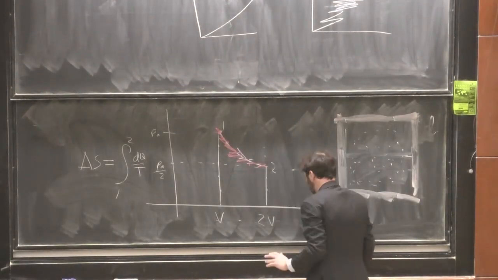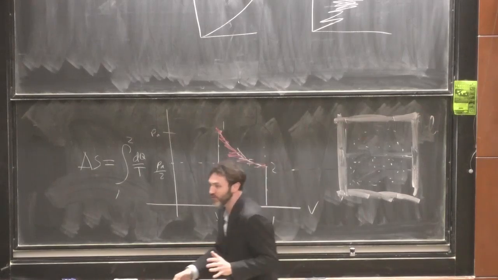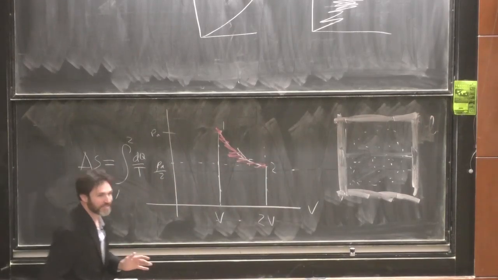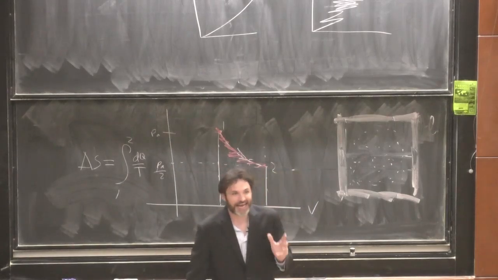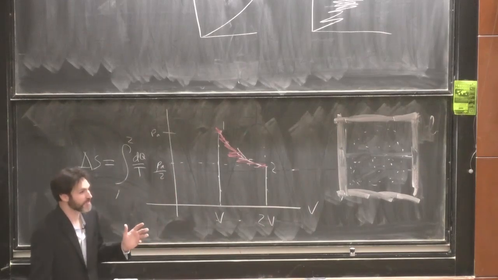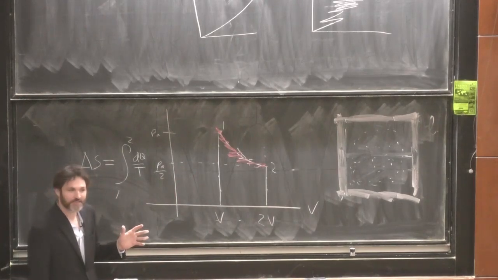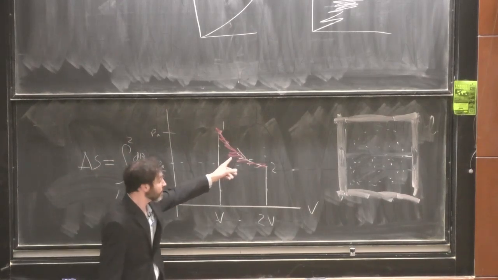If I zoom in on a microscopic enough region of it, it's not going to be a smooth function. So that's what defines reversibility versus irreversibility: can I do a sensible integral here? If I can't do a sensible integral, then it's not really a reversible process, it becomes irreversible.